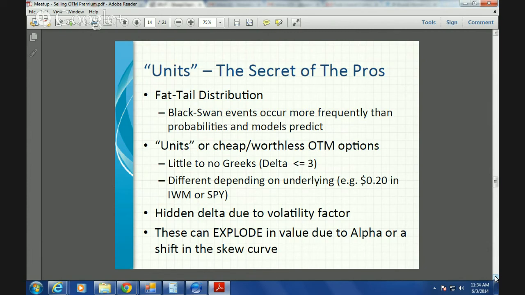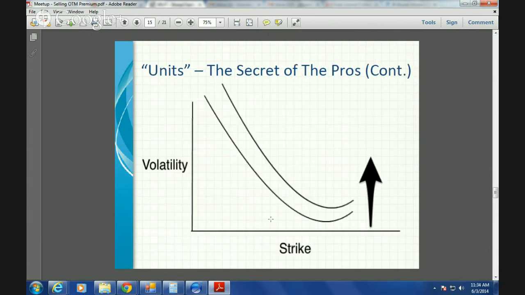So here is what we're talking about in terms of a skew, a shift in the skew curve. We have our skew curve here, with volatility and strike price. This is a very general example, which is why I don't have exact volatility numbers or strikes listed here.